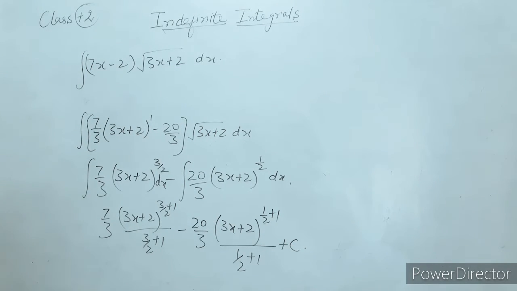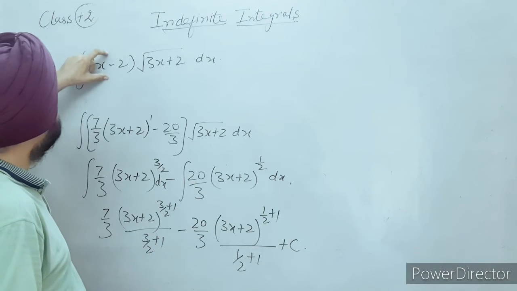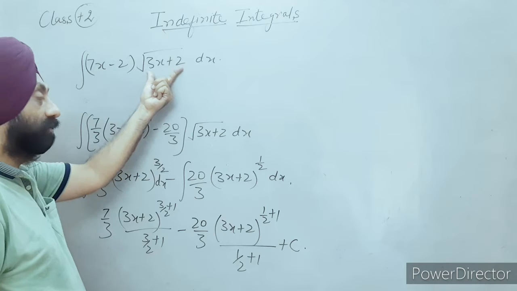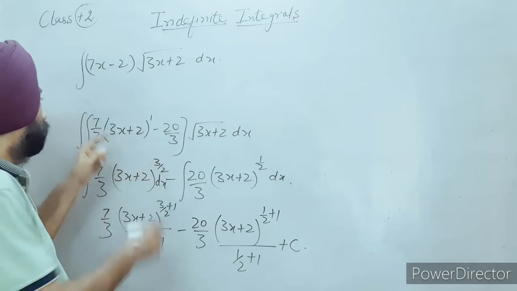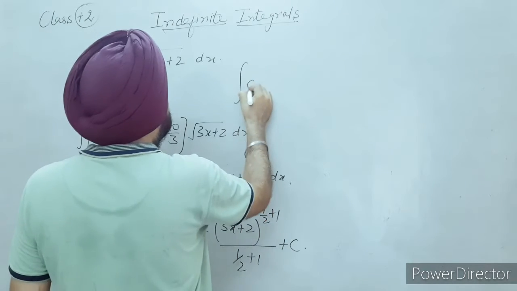This is the answer. Now look how the sum becomes so easy. Replace this with lambda times 3x plus 2 plus mu, find the values of lambda and mu, replace it, and open the brackets.